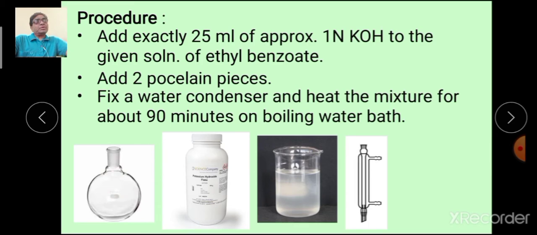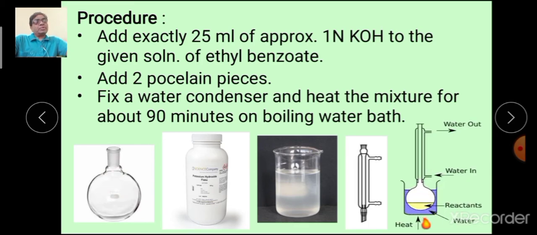Okay, I will show the diagram. Here the flask is here, the solution is kept. This is the condenser, water inlet, water outlet, and this is the water bath where water is present and heating is with a burner.